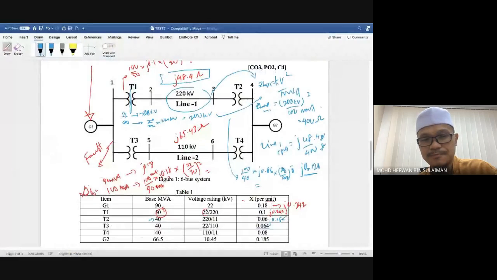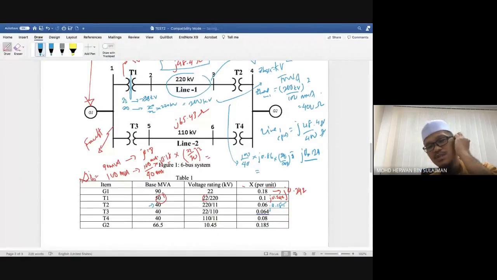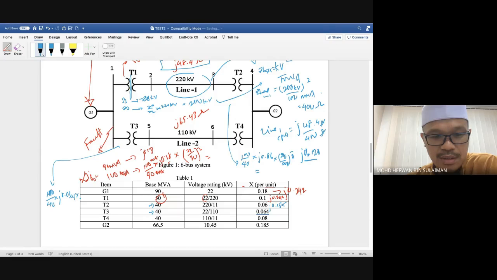Dah sampai sini. Kita kira transformer 3 pula. So your transformer 3 sama 40. Ni pun sama. So you boleh pakai yang ni lah. So dia ialah new base 100 bagi 40 darab J 0.064 darab old voltage 22 bagi new voltage 20 square.